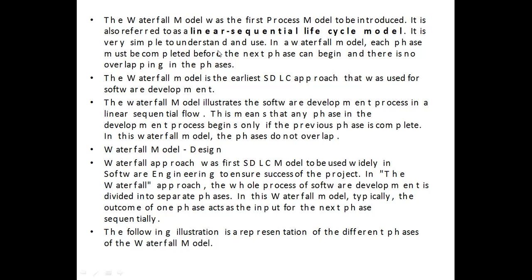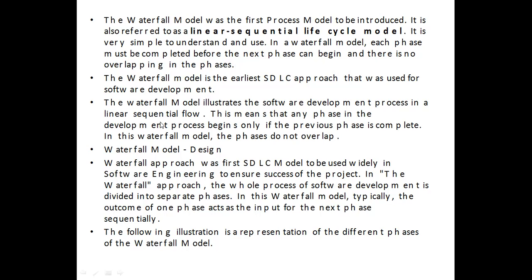It is very simple to understand and use. In a waterfall model, each phase must be completed before the next phase can begin, and there is no overlapping in the phases. The waterfall model is the earliest software development life cycle approach that was used for software development.